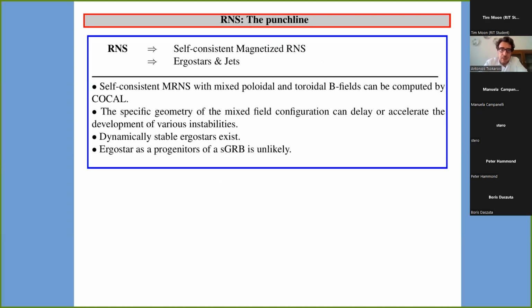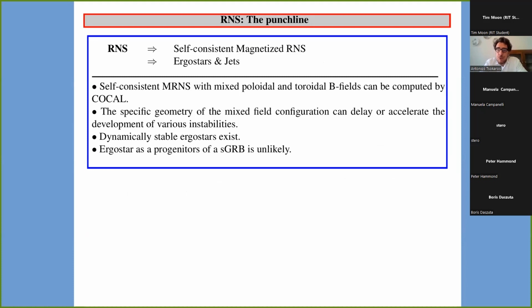With respect to the rotating neutron stars, I want to mention that recently we have computed self-consistent magnetized rotating neutron stars with mixed poloidal and toroidal magnetic fields that have very large values and are comparable with our initial data solver, the compact object calculator.